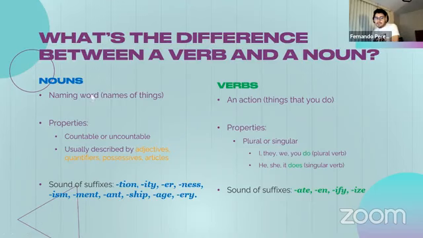A noun is a naming word, names of things. They can be countable or uncountable, right?